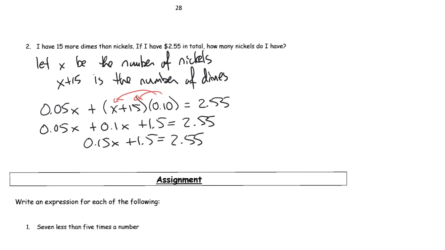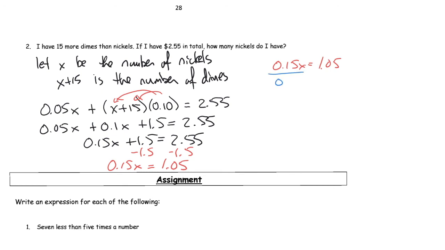And now this is an equation just like we solved many times before. We're going to subtract the 1.5 from both sides, and that's going to get me 0.15x is equal to 1.05. And I'll maybe rewrite that up here. 0.15x is equal to 1.05.